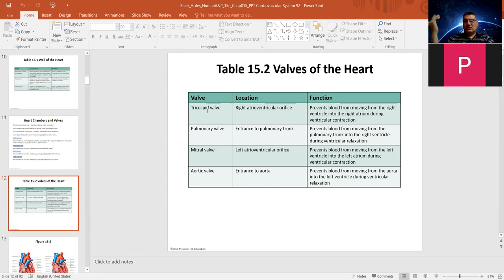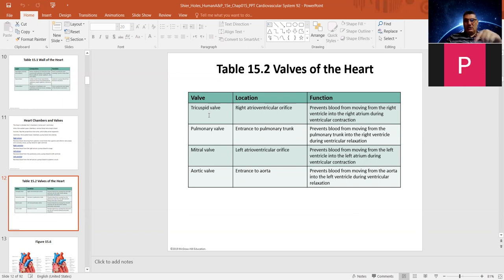Depending on which one of them we are talking about, this will give us the details. Like tricuspid, what's the function? We just mentioned it. Allow the blood to move in one direction, doesn't come back. Yes, from what to what? This is the details. Tricuspid is in between the right atrium and right ventricle. So it allows the blood to move from right atrium to right ventricle and doesn't come back.